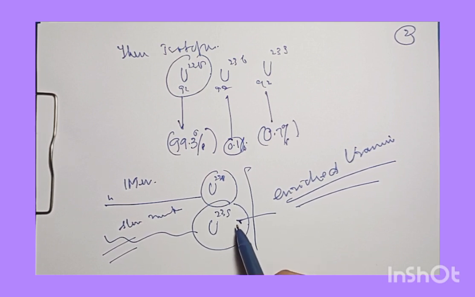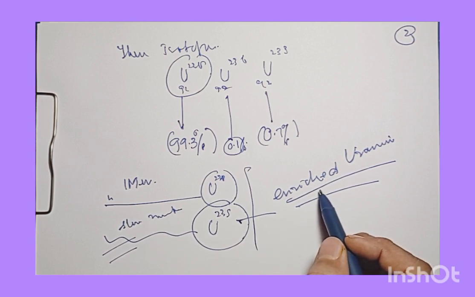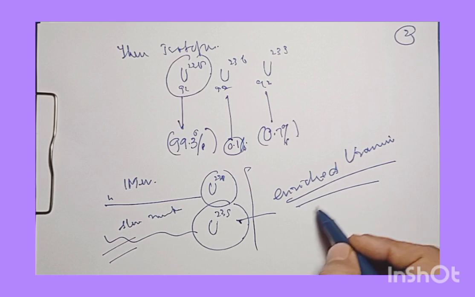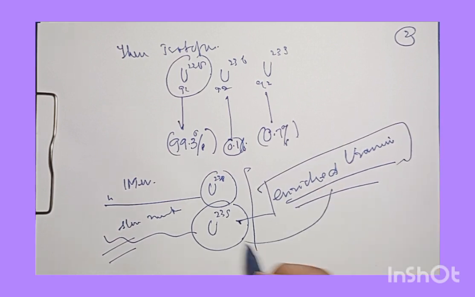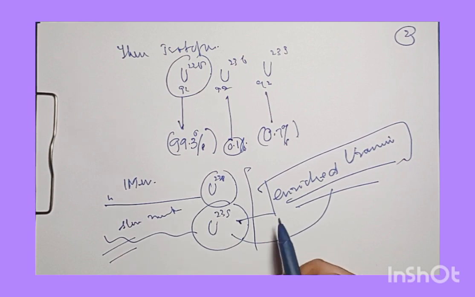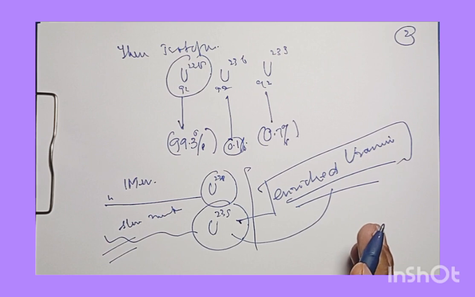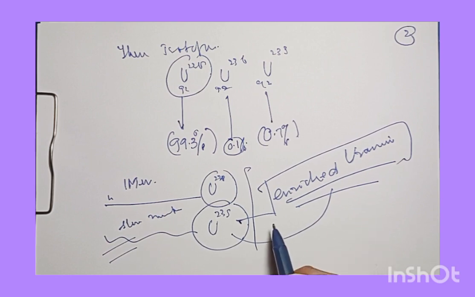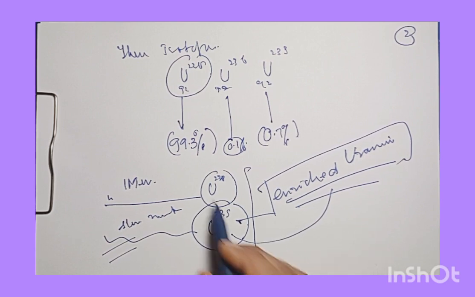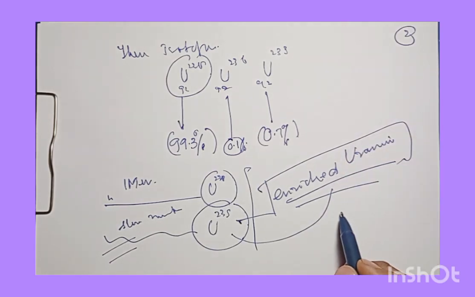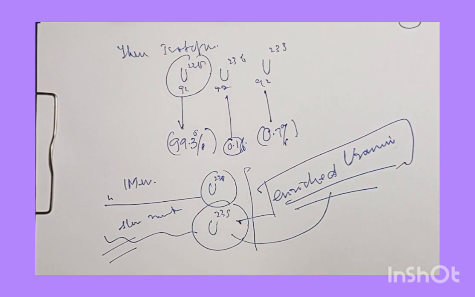Once we are able to separate out uranium-235, we call it enriched uranium, which is fissionable. The fission of the enriched uranium is possible with both fast and slow neutrons, and hence we can have a chain reaction, and this chain reaction can be sustained.